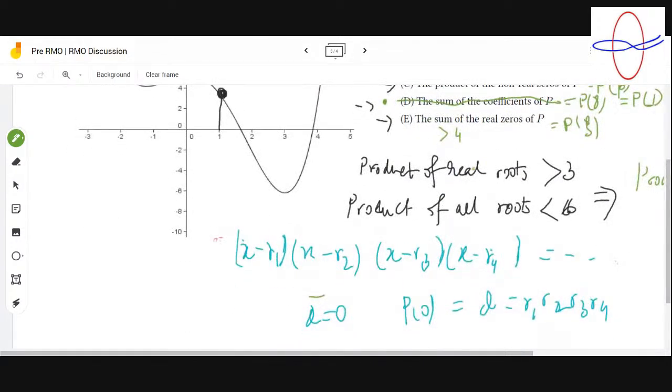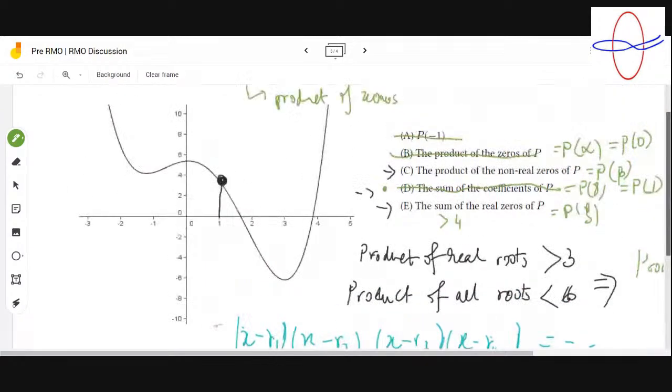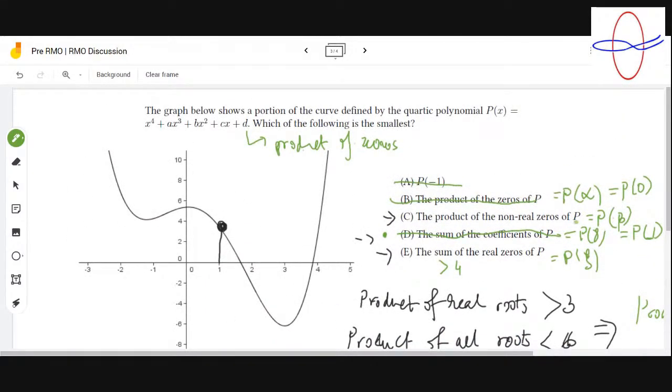Which is less. So therefore, it is also greater than the product of the non-zero real roots. Therefore, C is the smallest. We are trying to find the minimum.